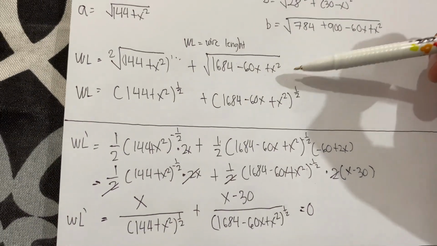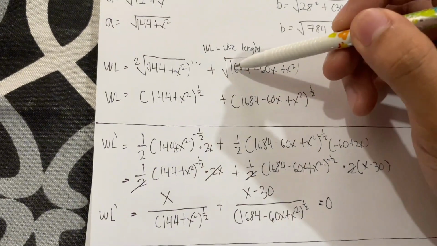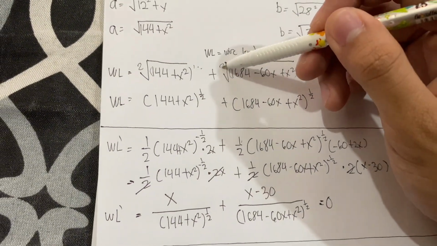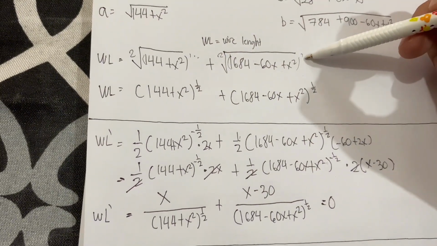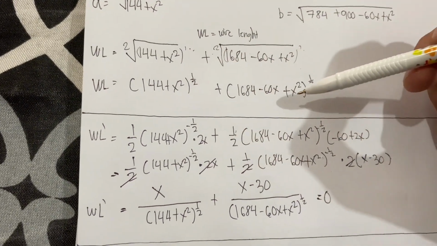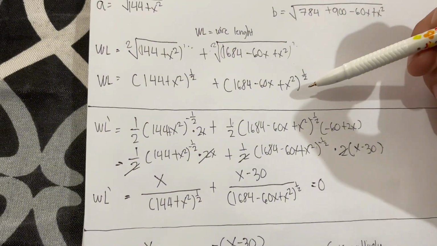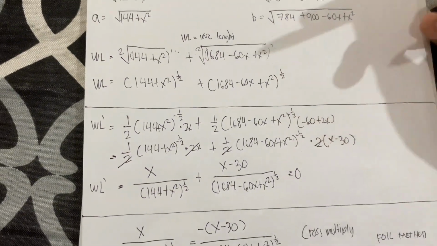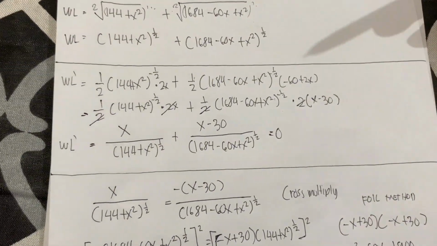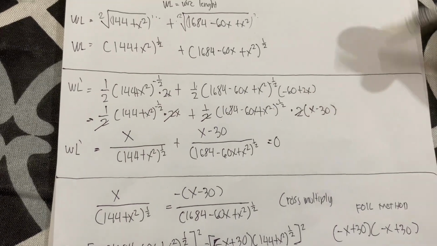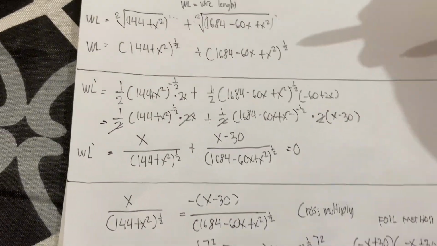The same with the other side: 1684 minus 60x plus x squared raised to 1/2. Now, after getting our formula, we can proceed to our first derivation.